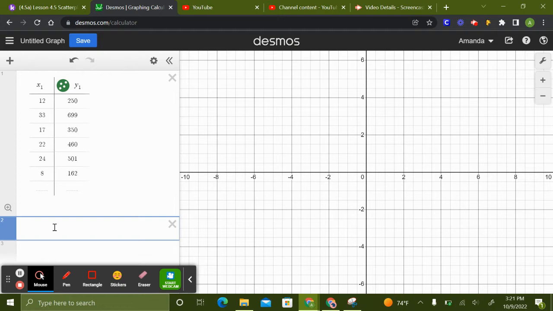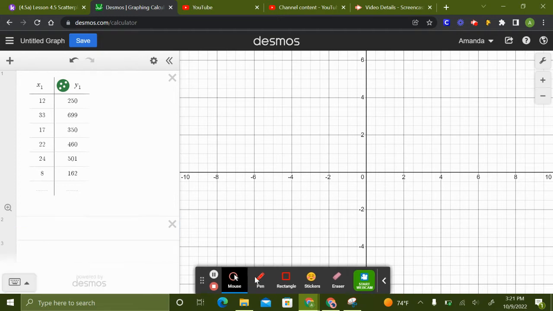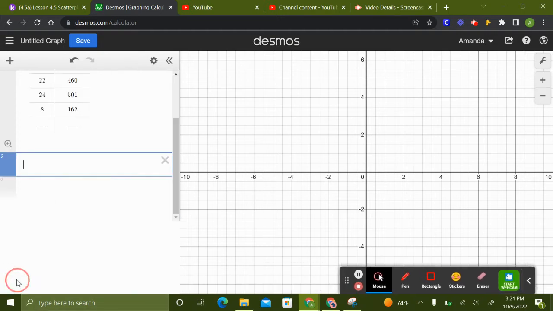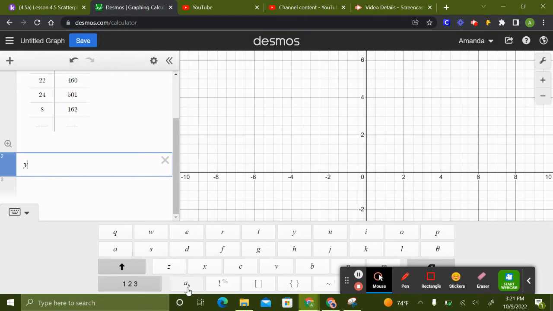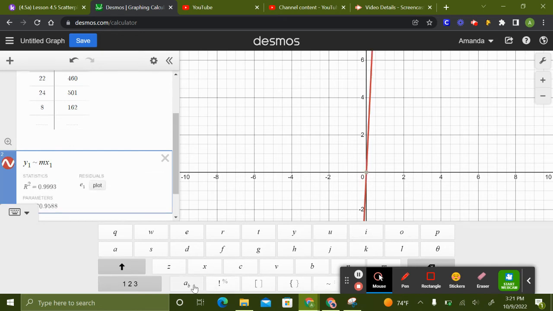So I have y sub 1, and we can find y sub 1 by either using shift minus on our keyboard, or we can come here. y sub 1 is similar to m x sub 1, hitting the over arrow so we get out of that sub spot, plus b.